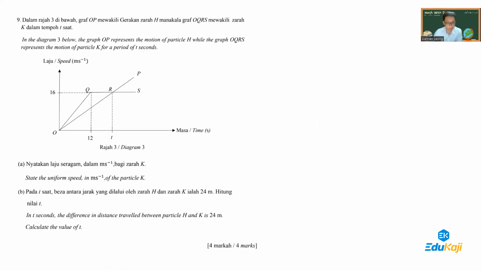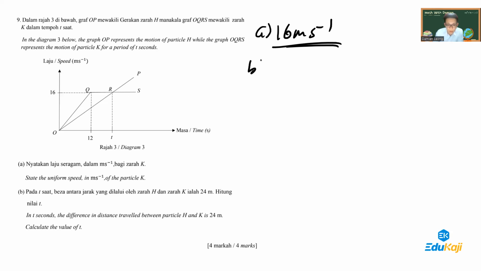Question 9. I want the uniform speed of particle K. So OQRS is particle K. Uniform speed means here. So the uniform speed is 16. So A is just 16 meter per second.